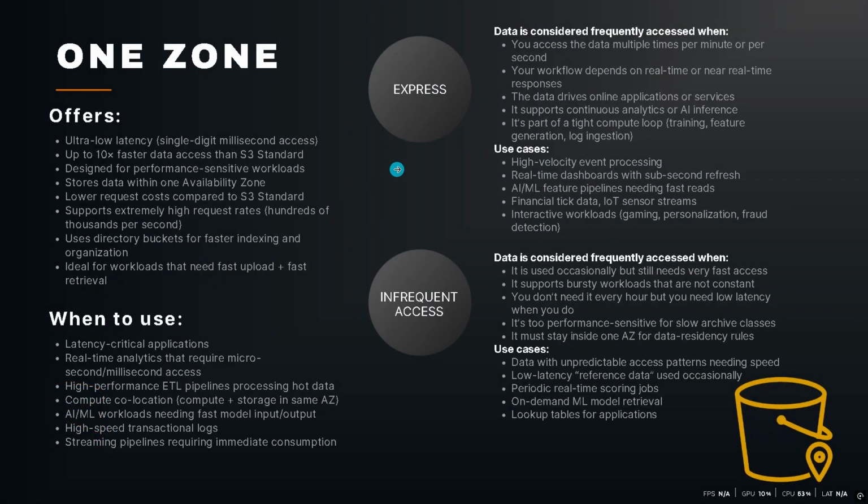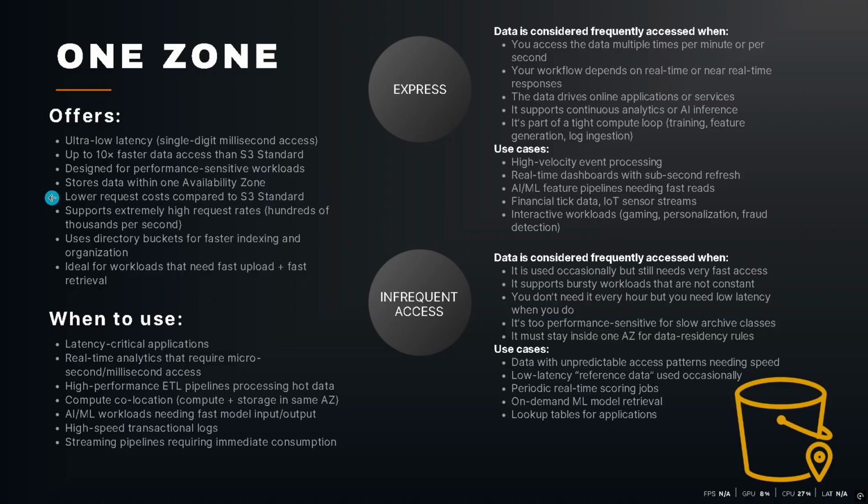Next, One Zone. It has ultra low latency, single-digit millisecond access time, up to 10 times faster than S3 Standard, designed for performance-sensitive workloads, and stores data within one availability zone. That is the trade-off here: it is only available in one particular zone, whereas S3 is available throughout.